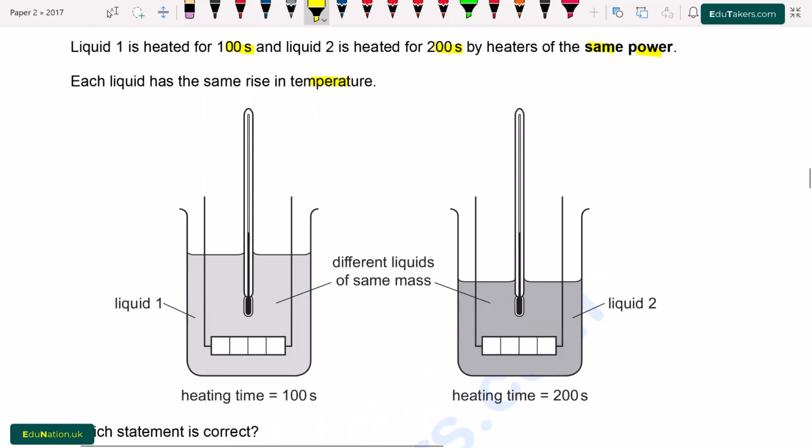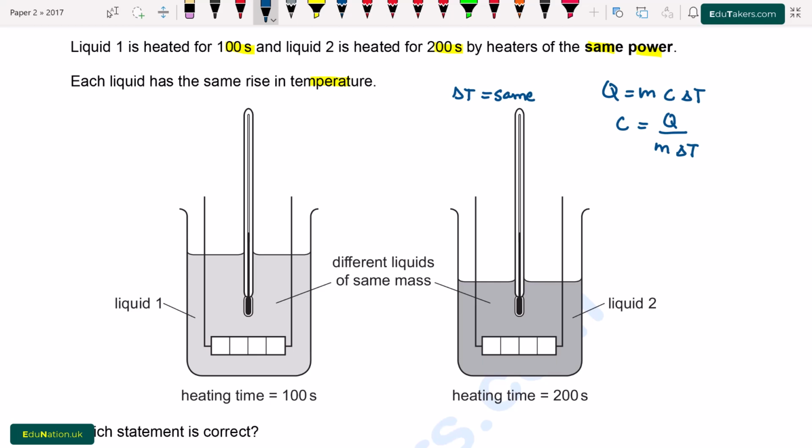So first of all, we know that Q is equal to mc delta T, where C is equal to Q over m delta T. Here it is given that each liquid has the same rise in temperature. It means that change in temperature remains the same for both liquids. And also here liquid 1 is heated for 100 seconds and liquid 2 is heated for 200 seconds.